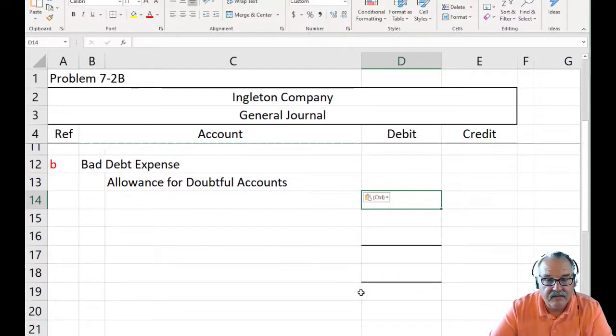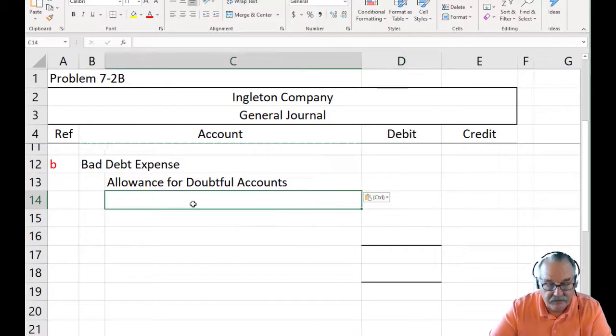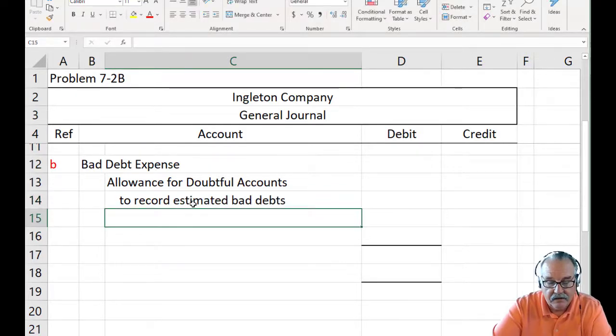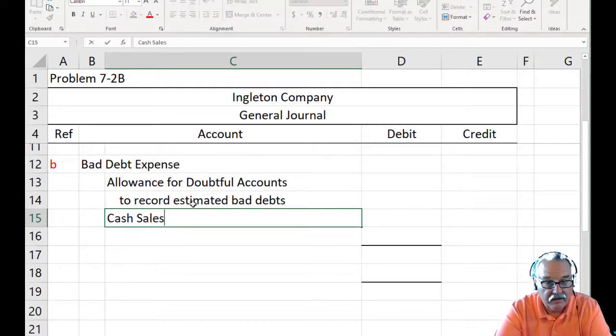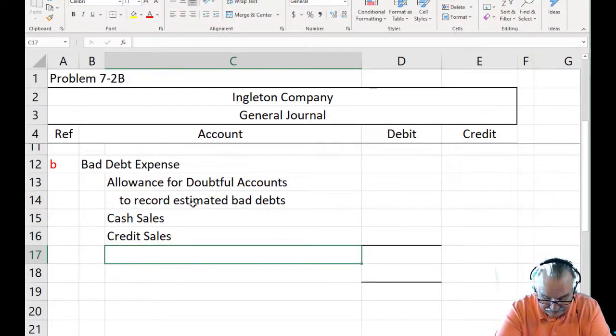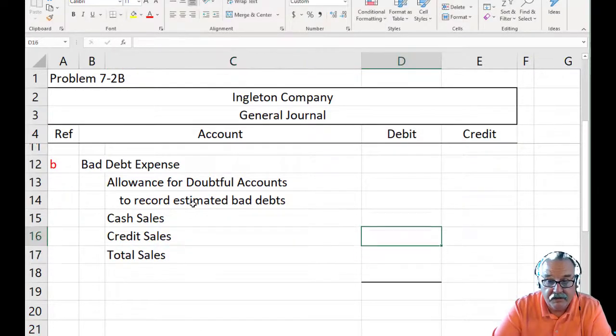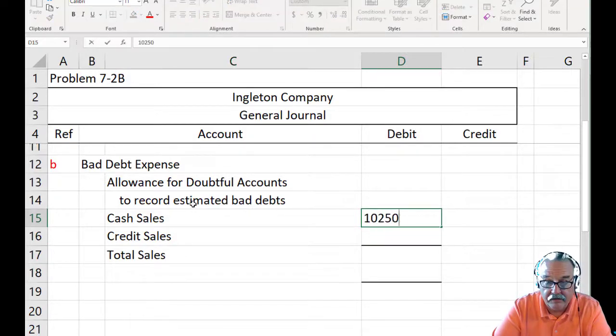But in this case, and this is still to record estimated bad debts or something like that. But this time we're going to take both cash sales and credit sales. Of course, it doesn't really make sense to do this on cash sales, but that's what they've told us to do. But total sales includes both the cash sales and the credit sales.